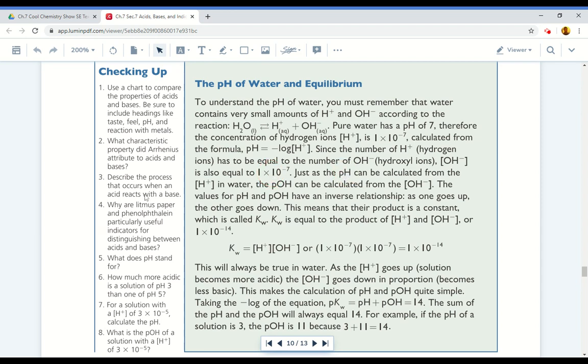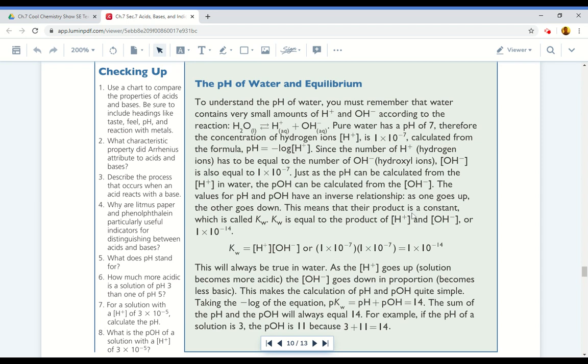Just as the pH can be calculated from hydrogen ions in water, hydroxyl ions can be calculated from the values for pH and pOH. They have an inverse relationship. As one goes up, the other goes down.